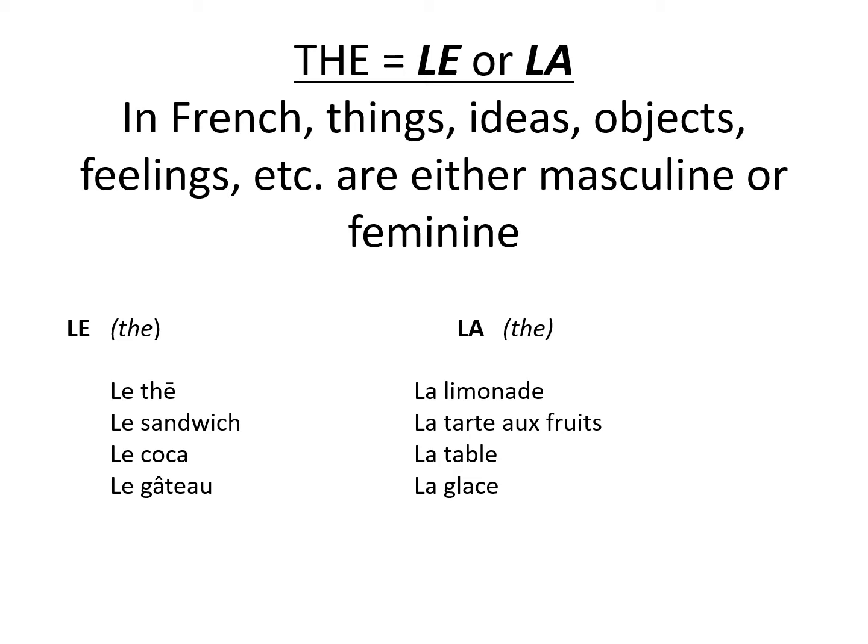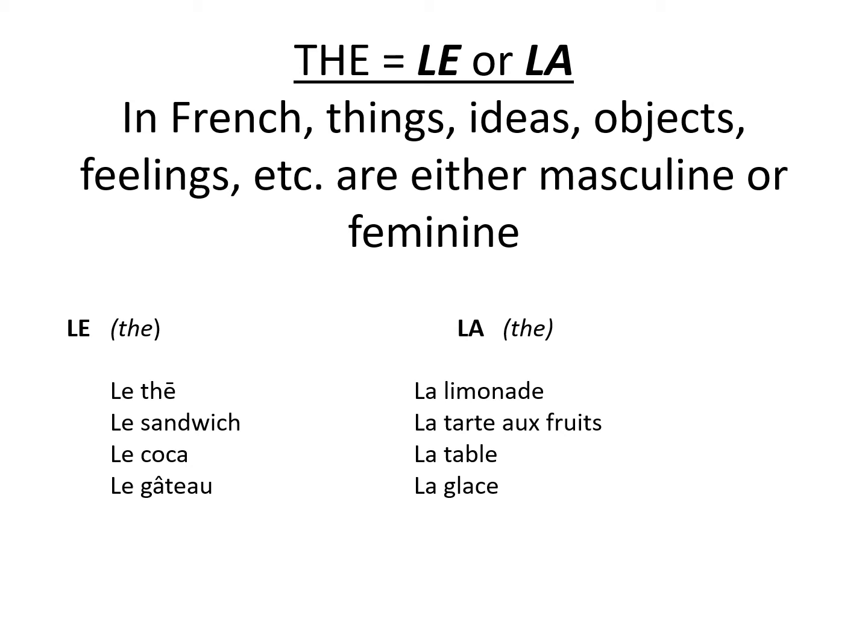Doesn't mean that a table in particular is just for girls. It's just the noun itself, the thing itself, which has a gender. It's a difficult concept, isn't it? However, very important. Right. In French, things, ideas, objects, feelings, etc. are either masculine or feminine, are male or female.